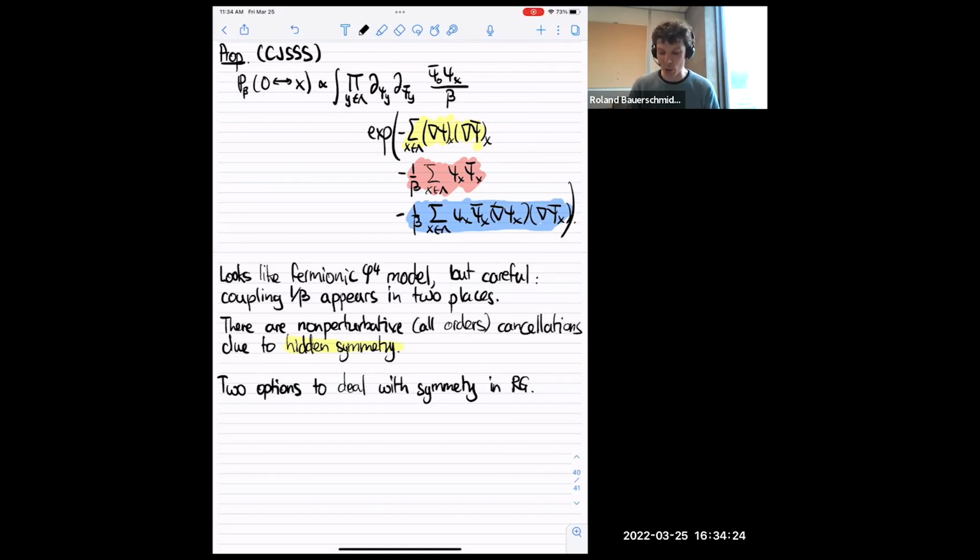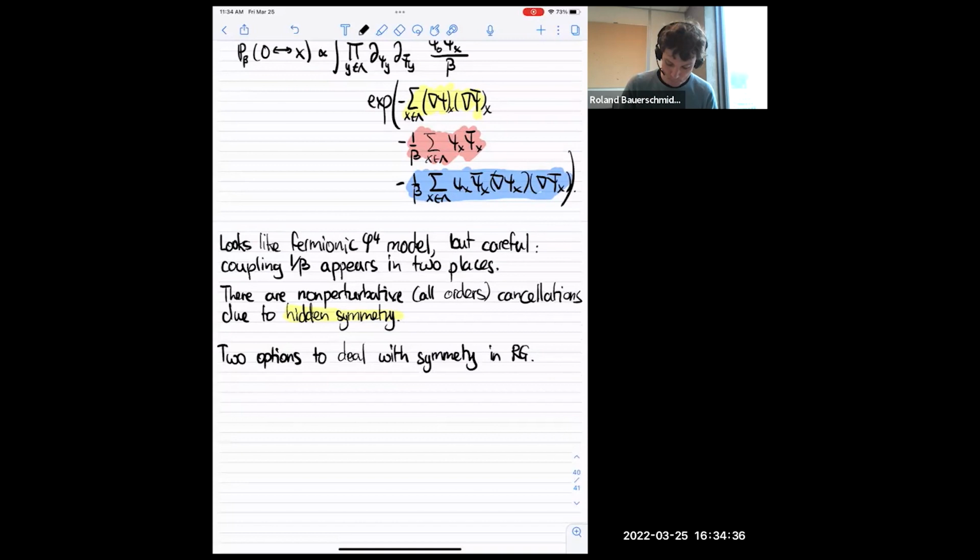But there's an OSP(1|2) symmetry here. That's what I call hidden. But it's exactly present at the level of this action. It's exact. Yeah, there's an exact OSP(1|2) symmetry. Okay, thanks.